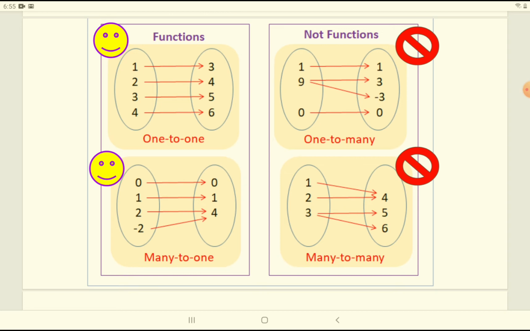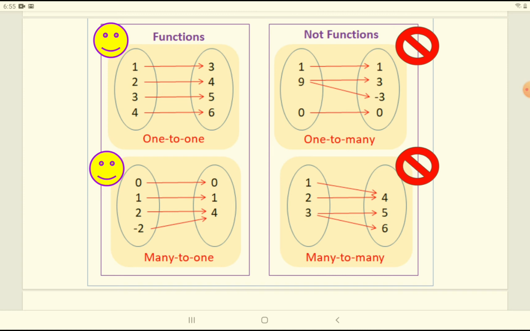And you can see kind of why it's called 1-to-1. Because on the left-hand side, each element has its own right-hand side element. Okay? So everything on the left-hand side has its own right-hand side. It's called 1-to-1. It's actually like the most favorite type of function.